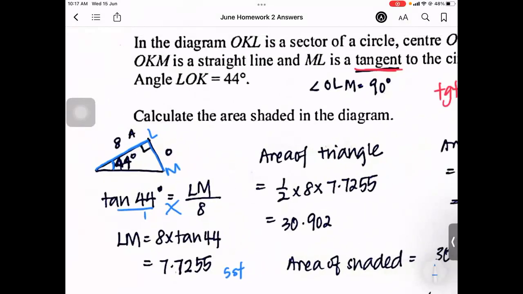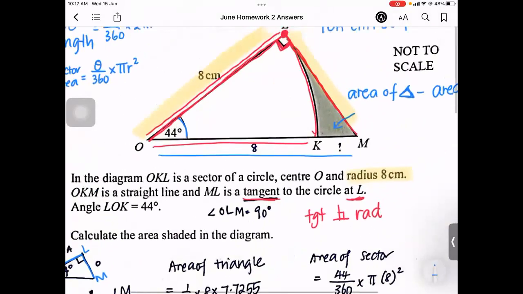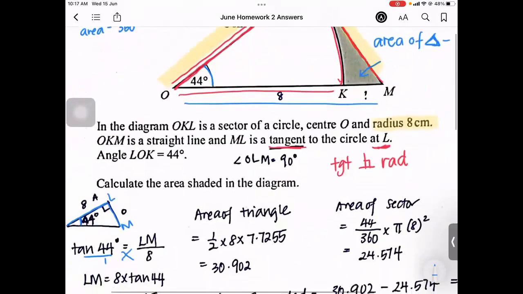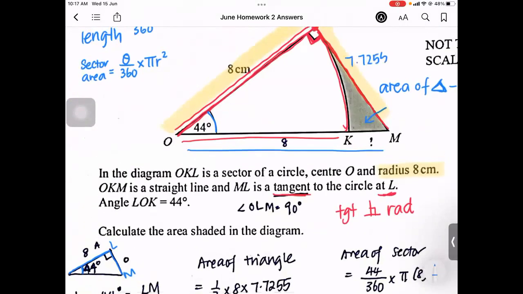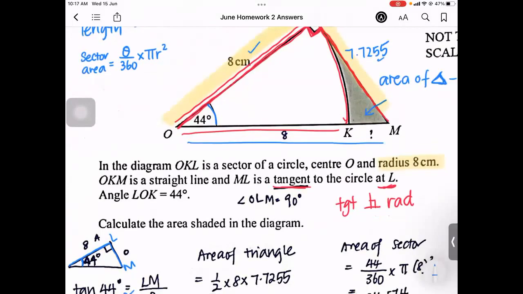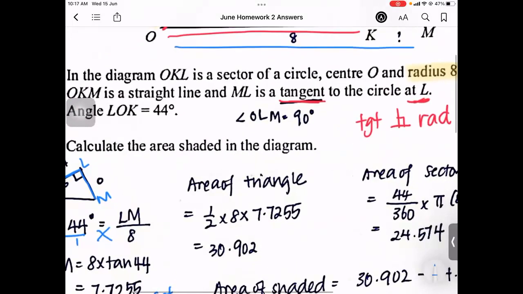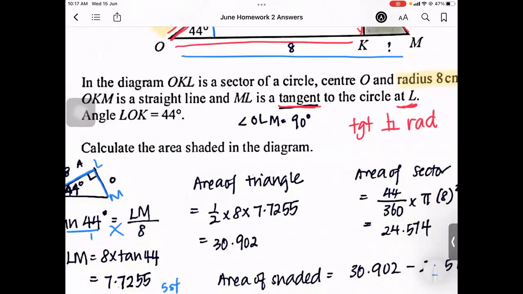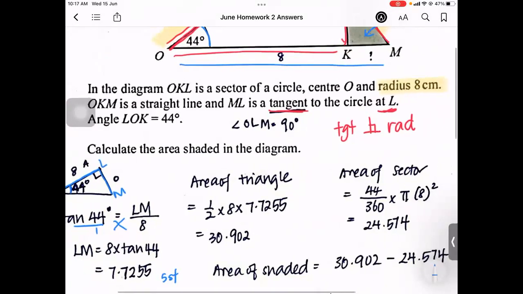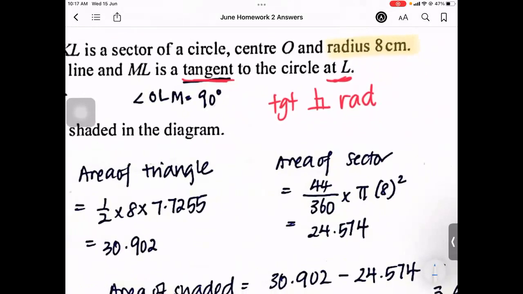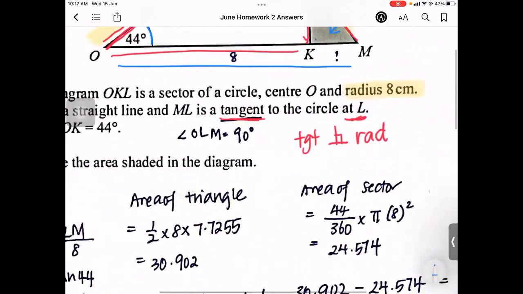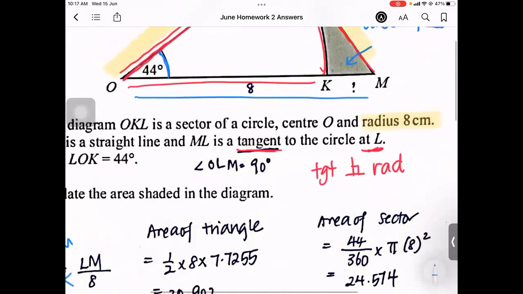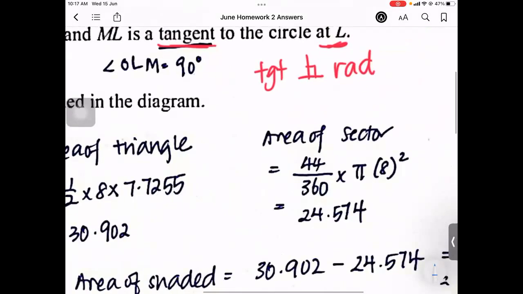Now that I've gotten this portion, the area of the triangle will be half times base times height. Half times base, which is 8, times the height, which is 7 point this. So I get my area of triangle. Even if you cannot do this, you can at least find the area of my sector. Area of sector, the angle, which is 44 degrees, over 360 times pi r squared.